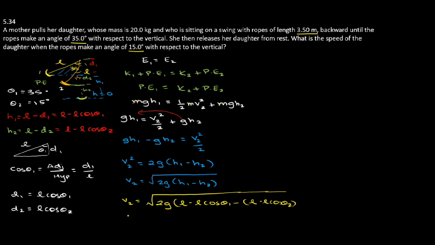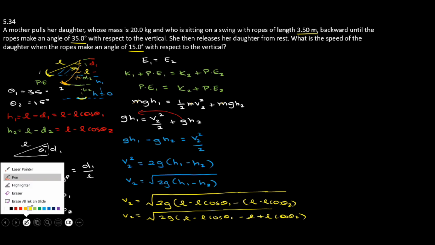Now you can cancel off the terms which are common here. If I open the bracket, I get 2g(L minus L cosine theta 1 minus L plus L cosine theta 2). When I open the bracket, this will become minus L, and minus and minus will become plus. So we can cancel off the L because it's L minus L.